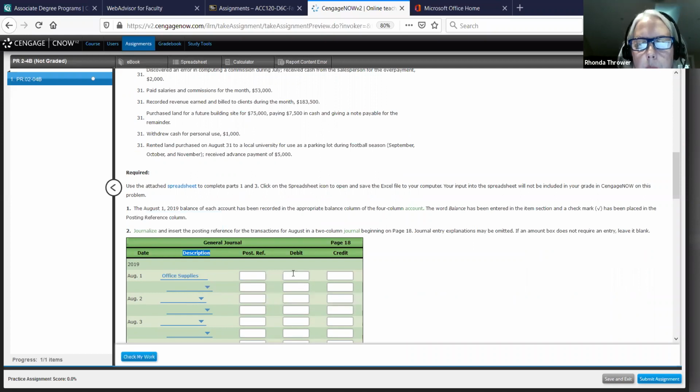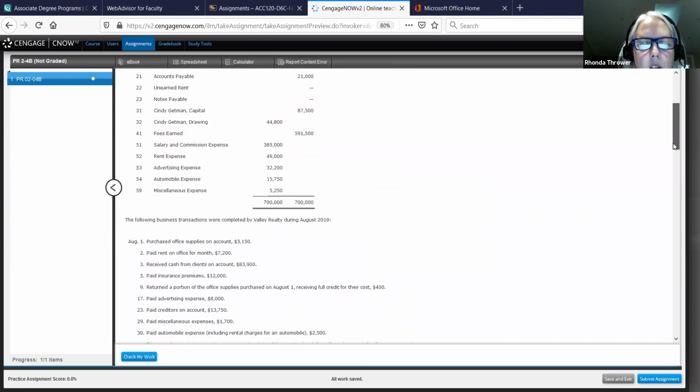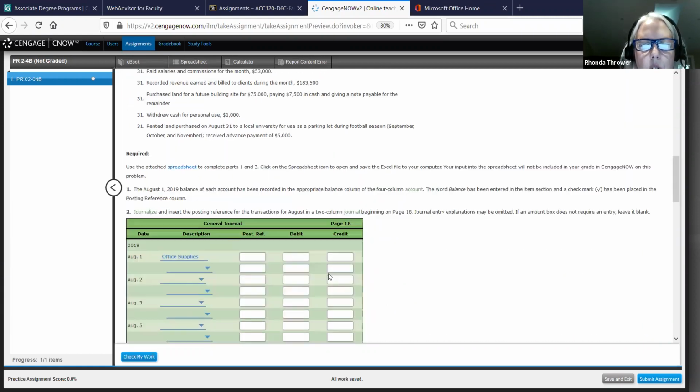I'm going to put in my debit, which is an increase in the office supplies asset account for the amount that the office supplies cost us. They cost us $31.50. So I'm going to debit this account for $31.50.